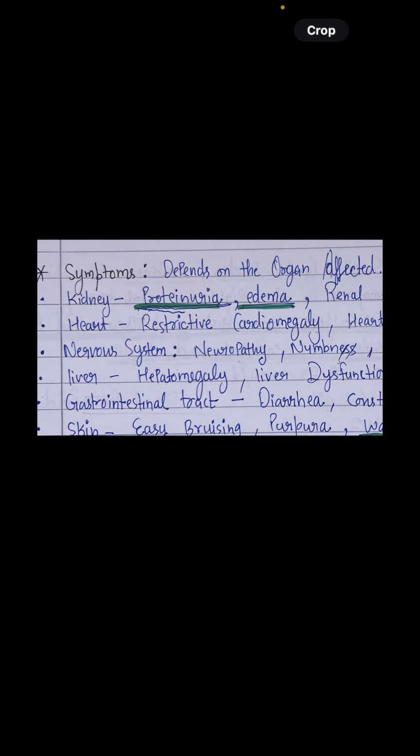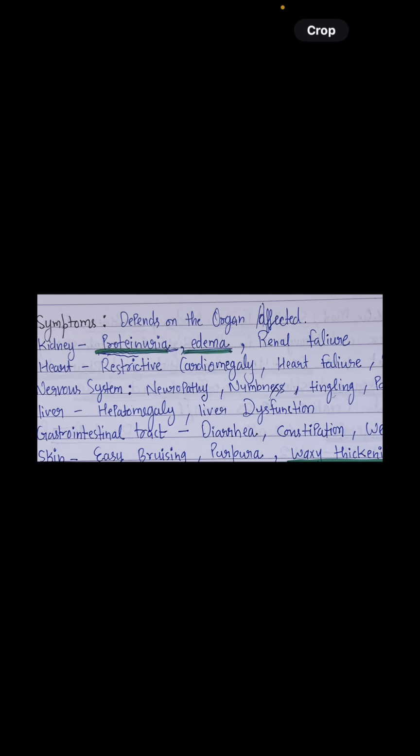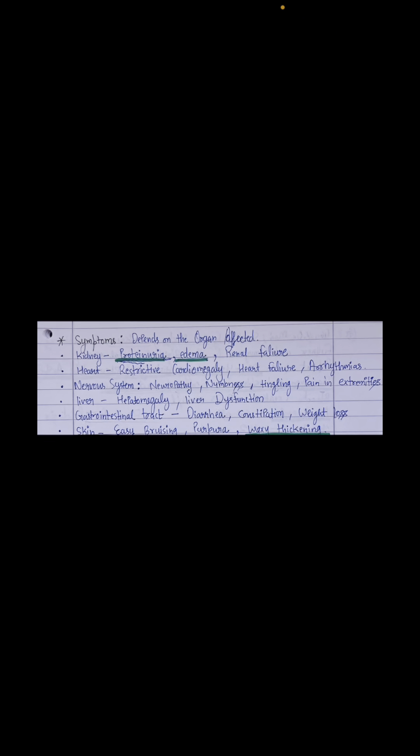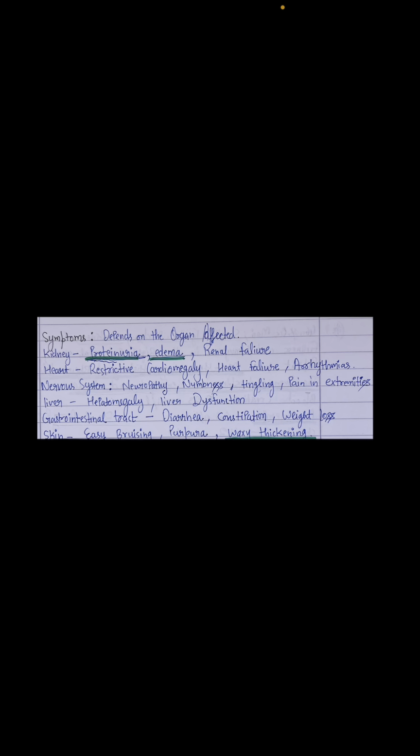In the heart, there will be cardiomegaly, heart failure, arrhythmias. In the nervous system, neuropathy, numbness, tingling, pain in extremities. In the liver, hepatomegaly, liver dysfunction. GI symptoms when they deposit in the GI tract. Skin symptoms: easy bruising, purpura, waxy thickening.